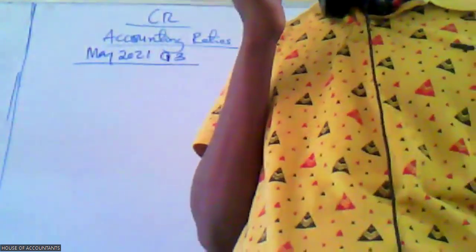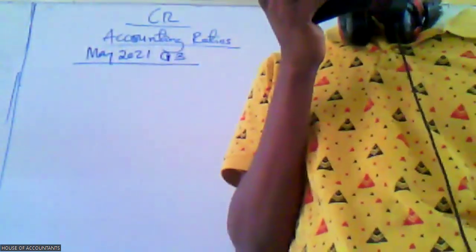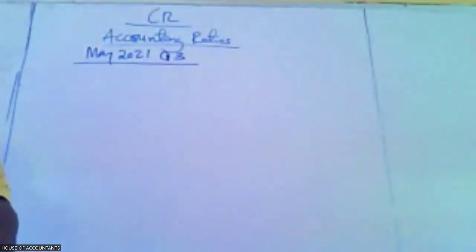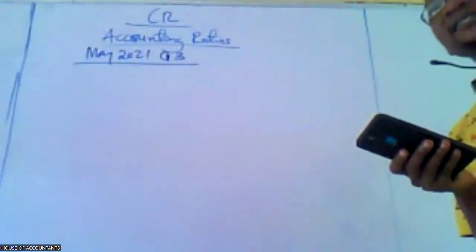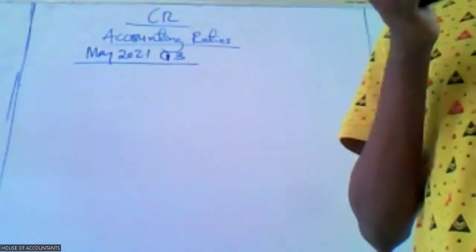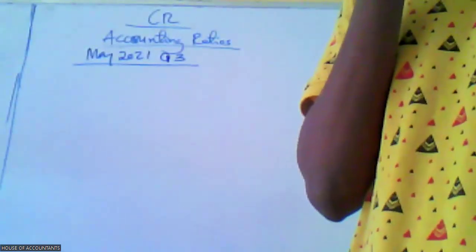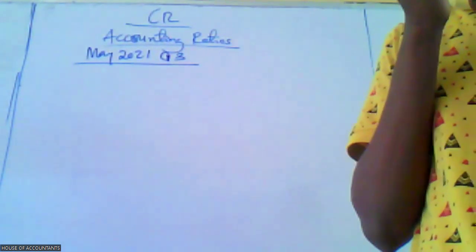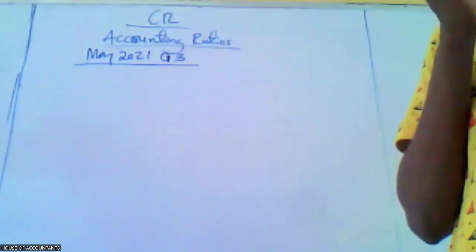Carry out a critical analysis of the financial performance. Anytime you hear about financial performance, they are talking about what? Profitability ratios. Then the position of Somolu Limited, together with recommendation.